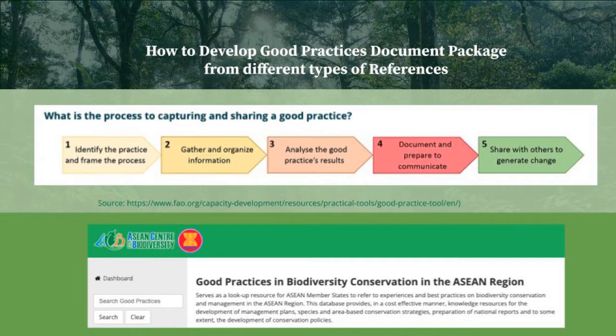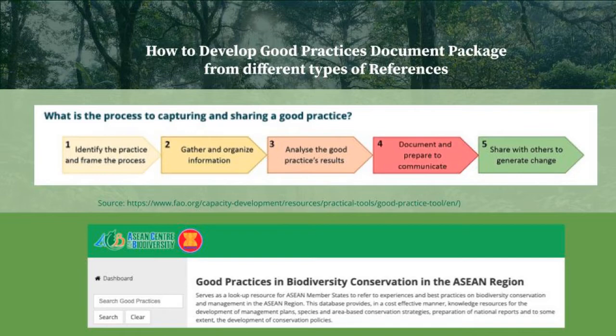This template will document and package important details from any type of biodiversity reference into a good practice document. It's called the Good Practices Information Capture Template. You can access and download the template on this training page, and there's also a link added on the training module.